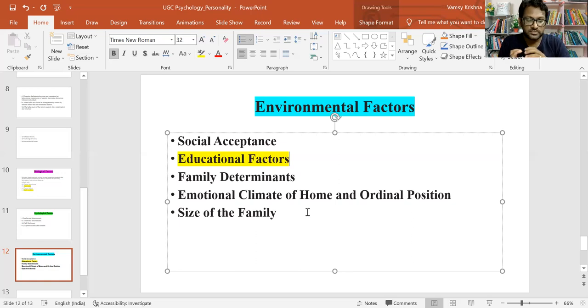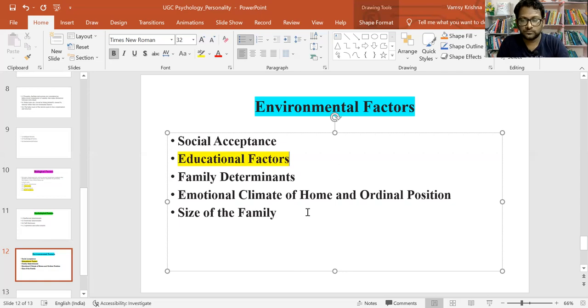This position has a definite influence on personality as well. The eldest child is very often overburdened with responsibility. The youngest, being the baby of the family, is more of a spoiled sort. So birth order also matters in the formation of personality.